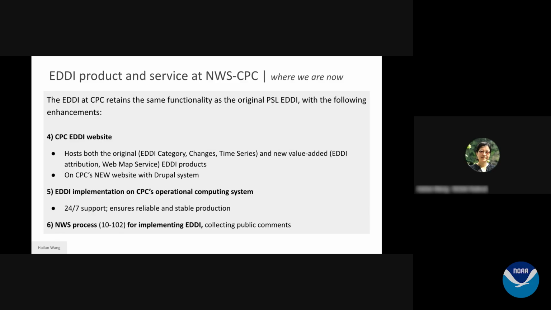In case you're not entirely familiar with it, it is a standardized procedure within the NWS for tracking, reviewing, approving, and implementing any changes to products and services at the National Weather Service. Going through this process ensures any such changes comply with NWS policy. Next slide, please.